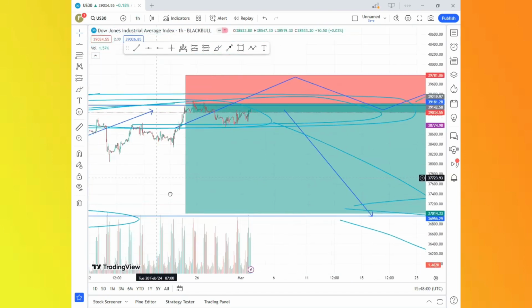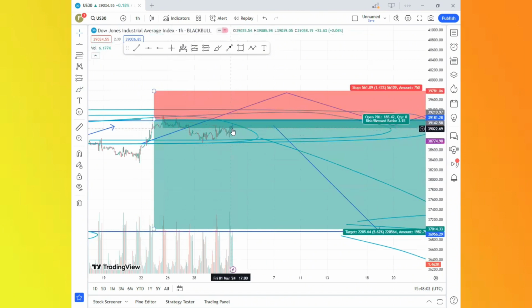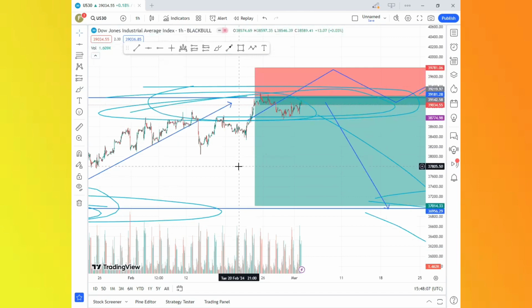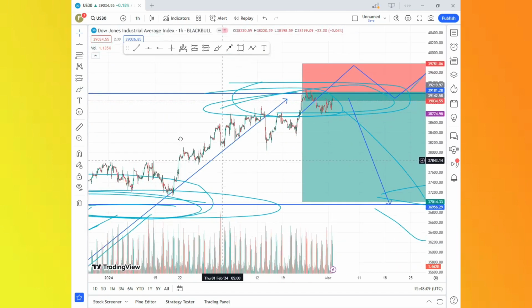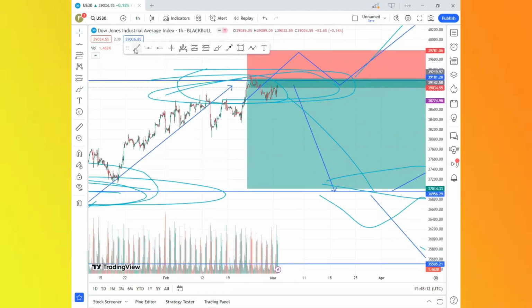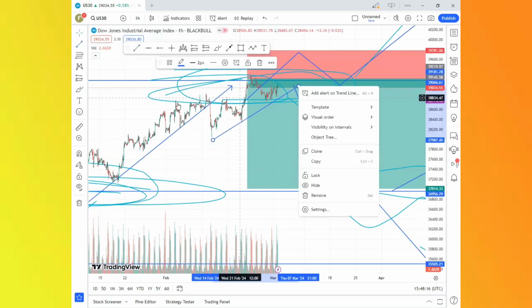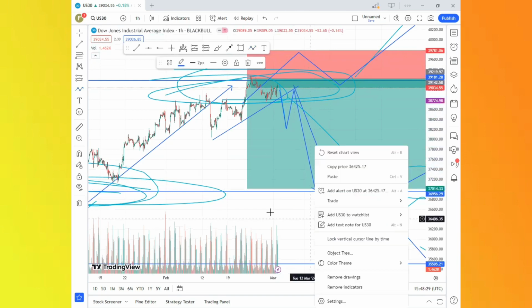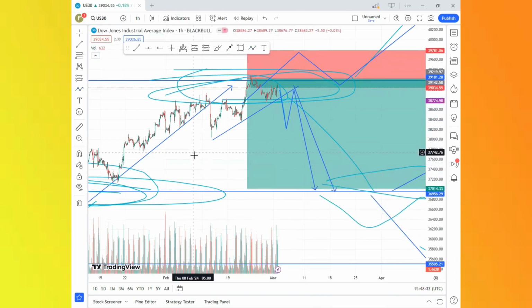As you can see, the market is already going to the downside, so this is what we'll be expecting from US30. Okay, we also have this here, which will act as our level for coming to the downside. Okay, so this is what we are currently expecting for US30 to do.